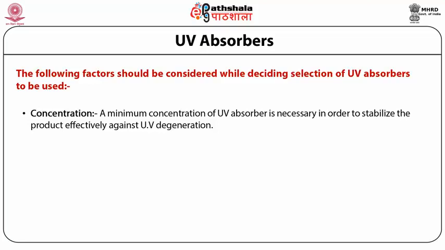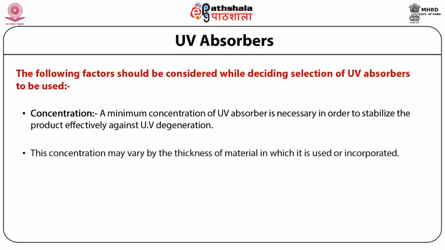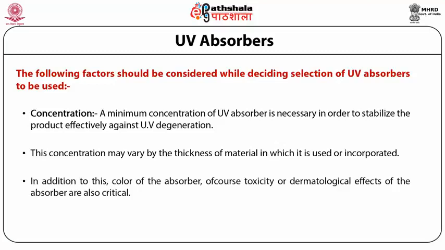A minimum concentration of UV absorber is necessary in order to stabilize the product effectively against UV degeneration. The concentration may vary by the thickness of the material in which it is used or incorporated. In addition to this, the color of the absorber and, of course, its toxicity or any dermatological effects are also critical.